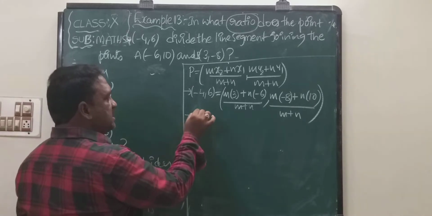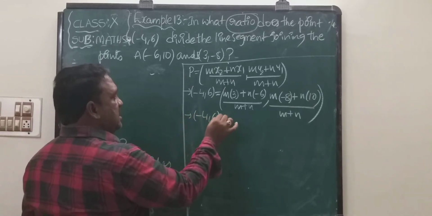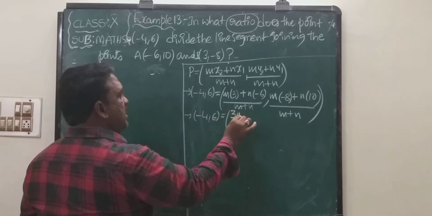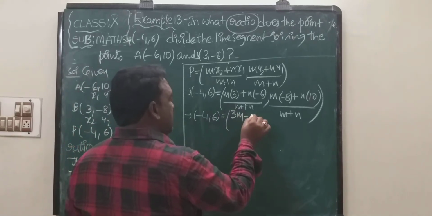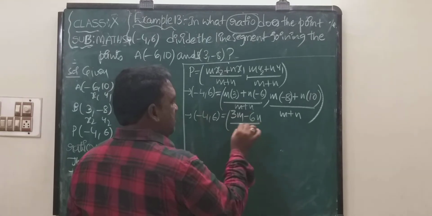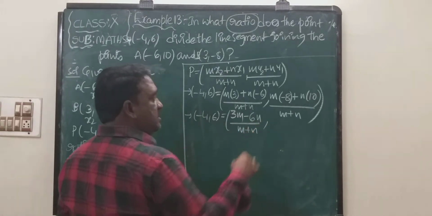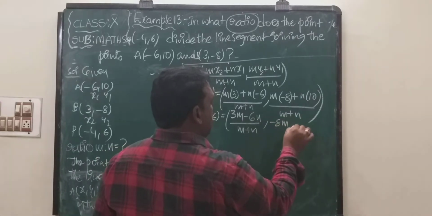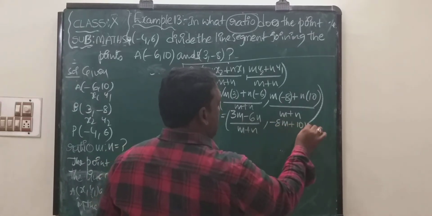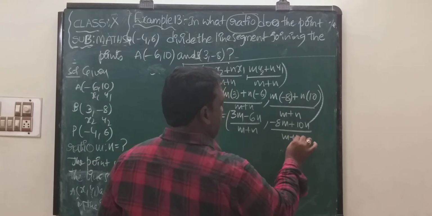Then minus 4 comma 6 equal to (3m minus 6n) by (m plus n), (minus 8m plus 10n) by (m plus n).